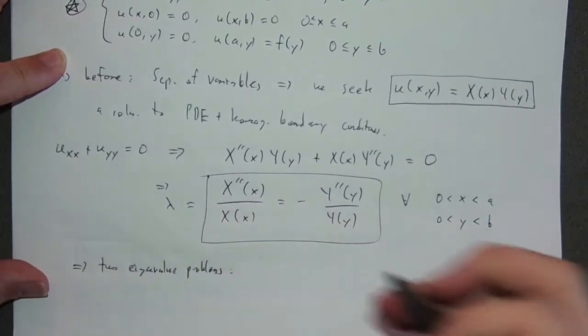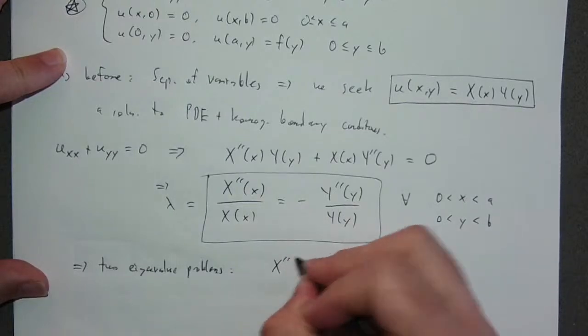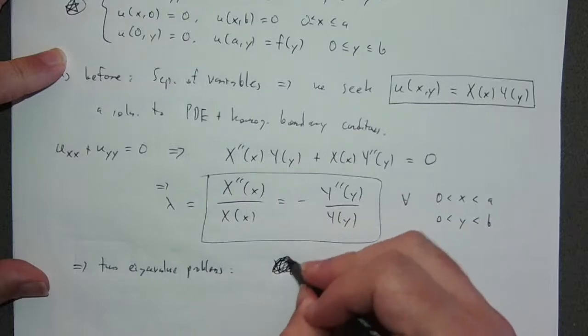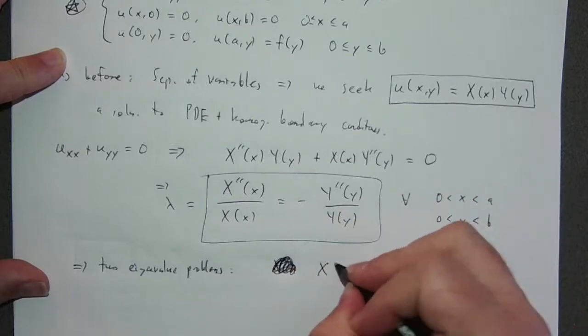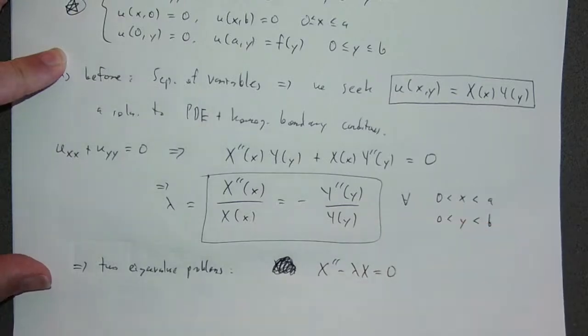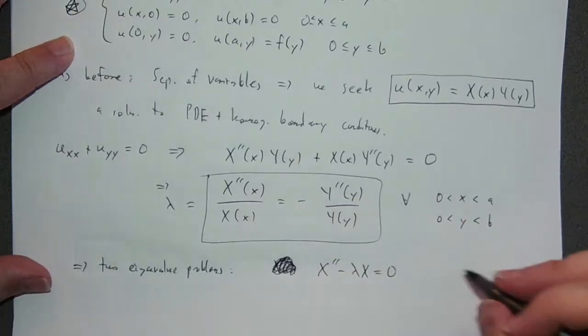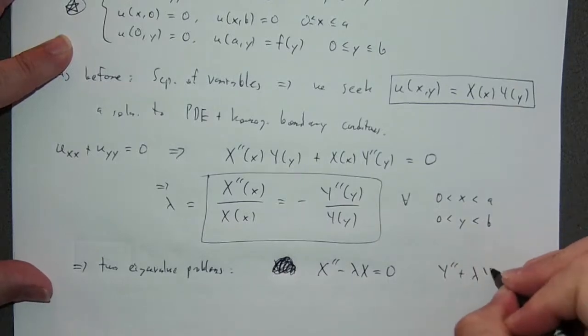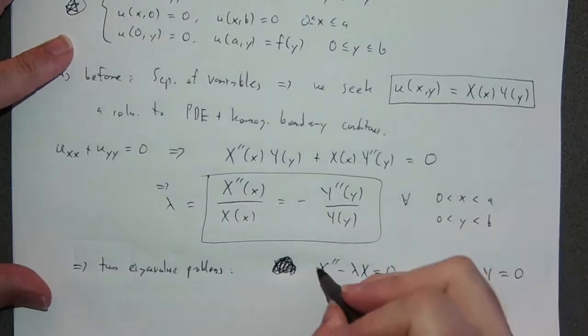Those two eigenvalue problems are X double prime minus lambda X equals 0, and Y double prime plus lambda Y is equal to 0.